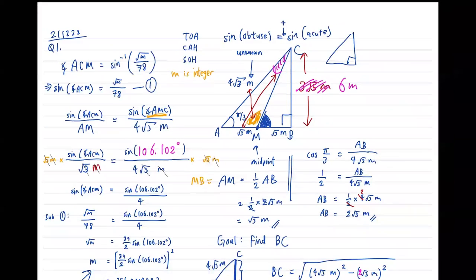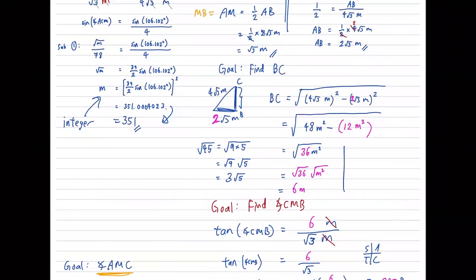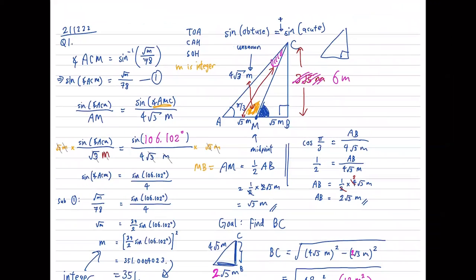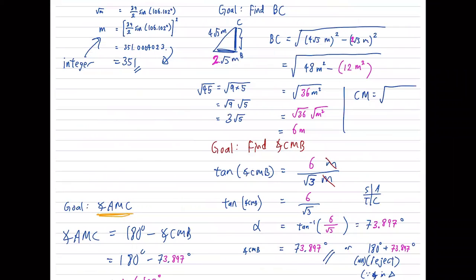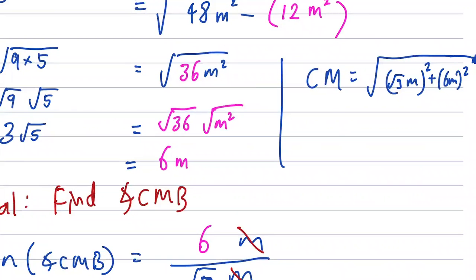Let's take a look at how to find the length CM. Over here, we can find CM by taking the square root of this square and that square, which is root 3m and 6m. Square each of them and take the sum, just Pythagoras theorem.